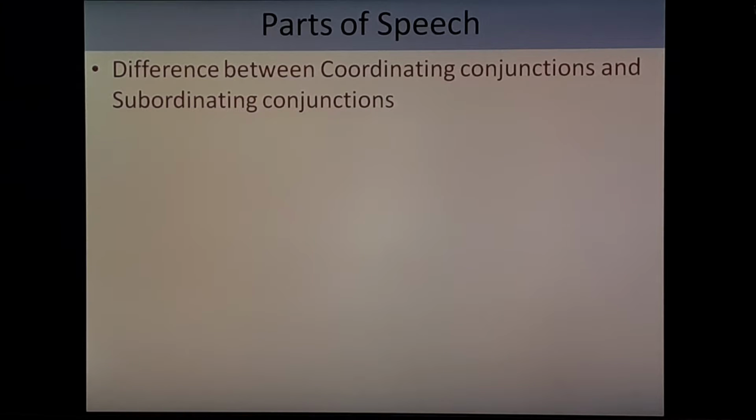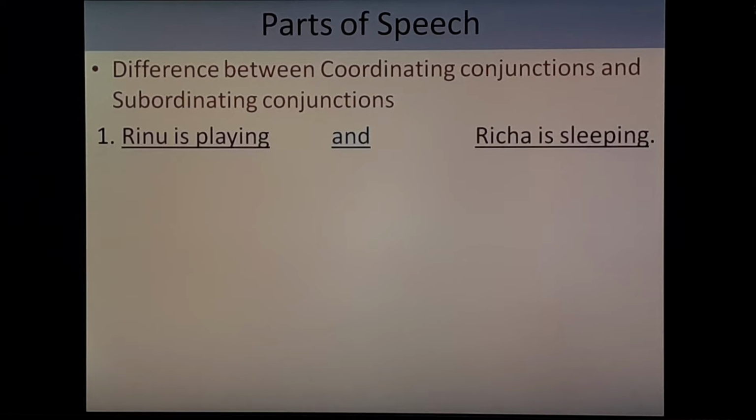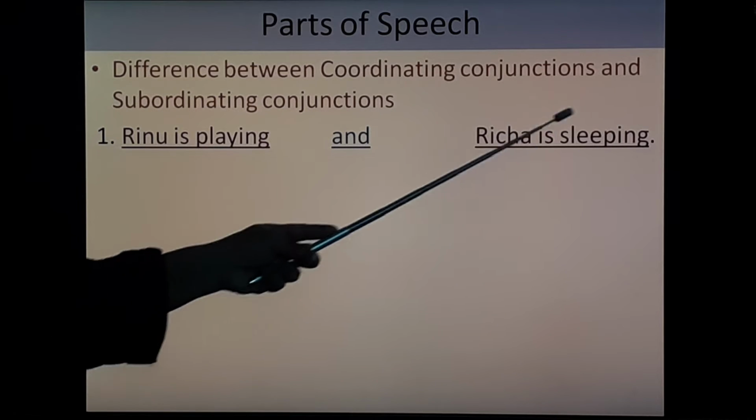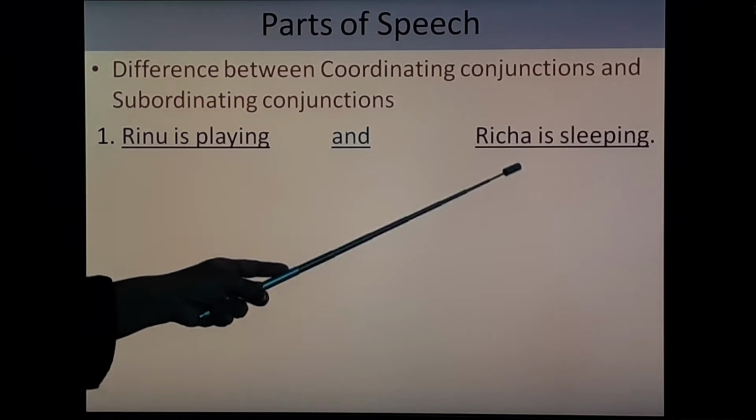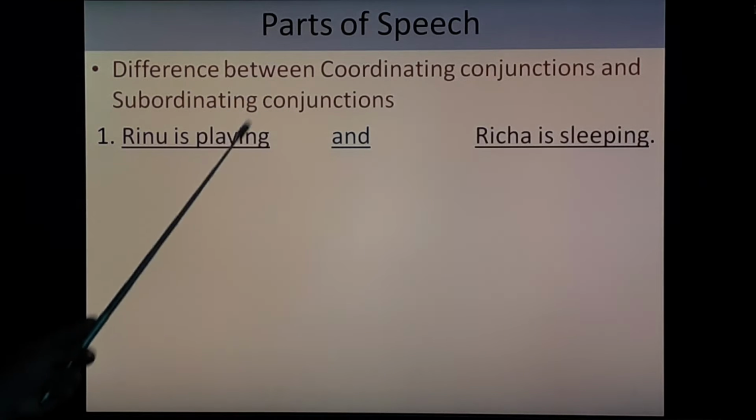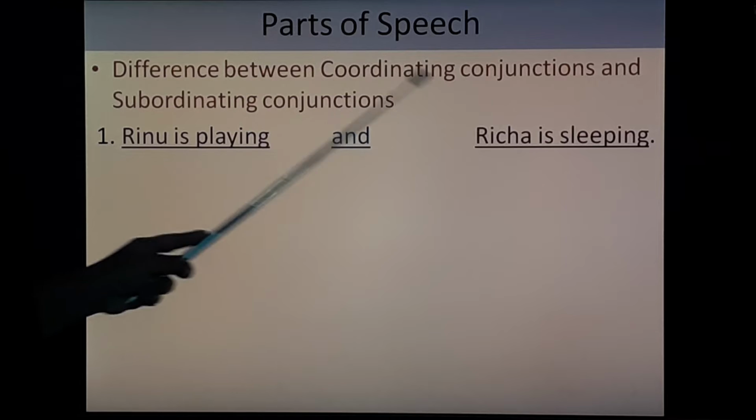If you are getting confused between coordinating conjunctions and subordinating conjunctions, then this slide will help you to understand in a better way. So let's see the difference between both. First sentence: Renu is playing and Richa is sleeping. Two sentences are given and both are independent sentences.